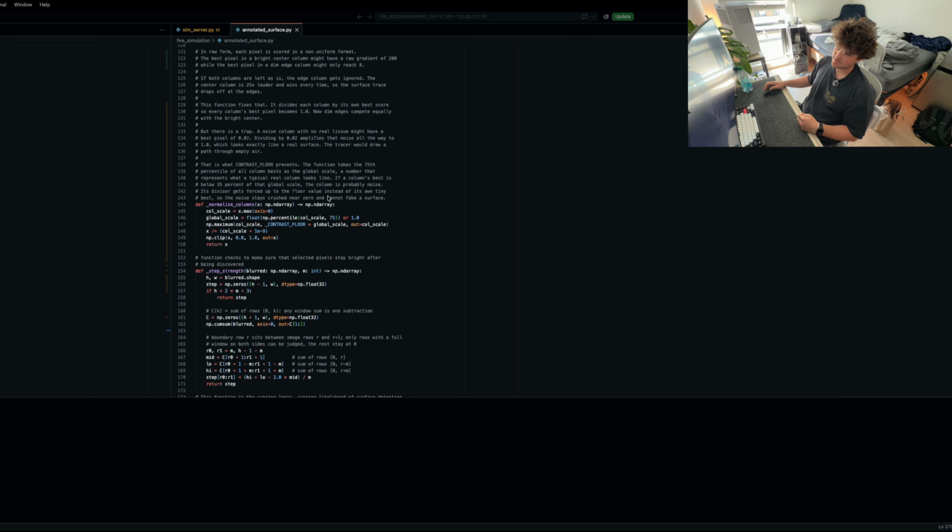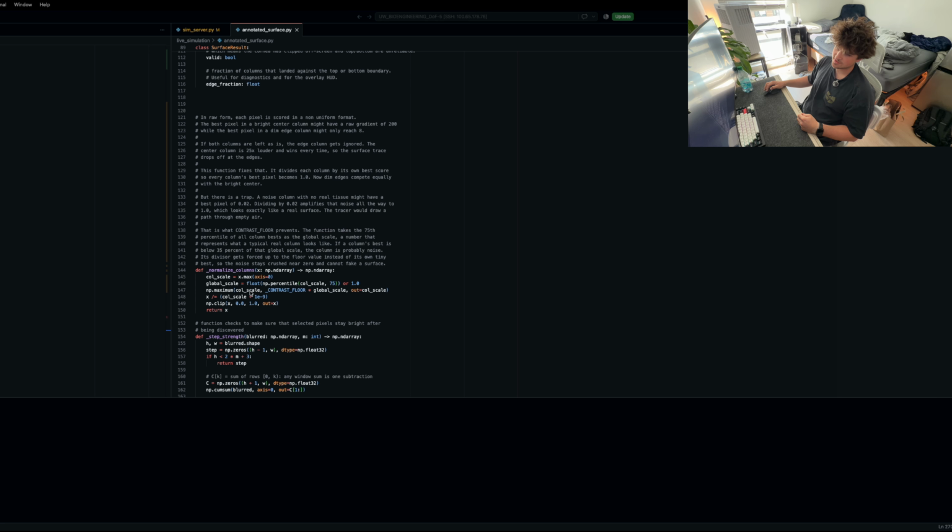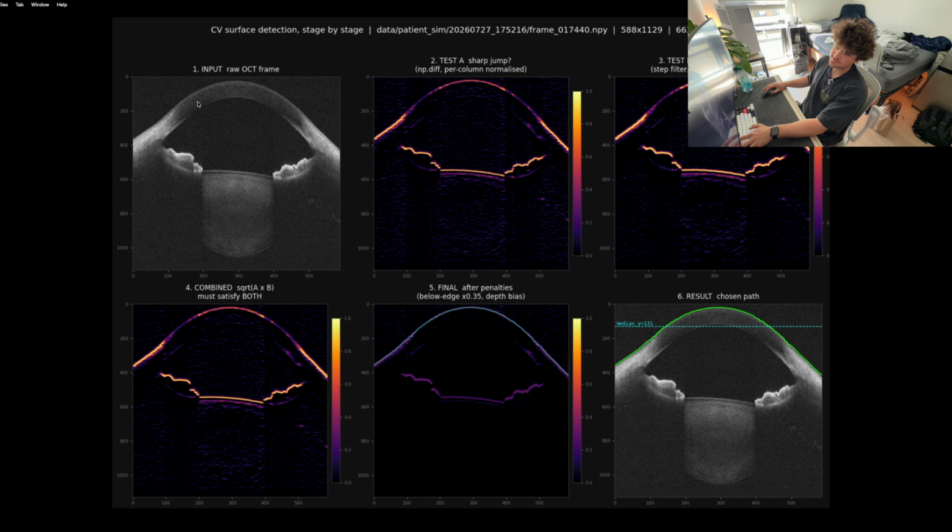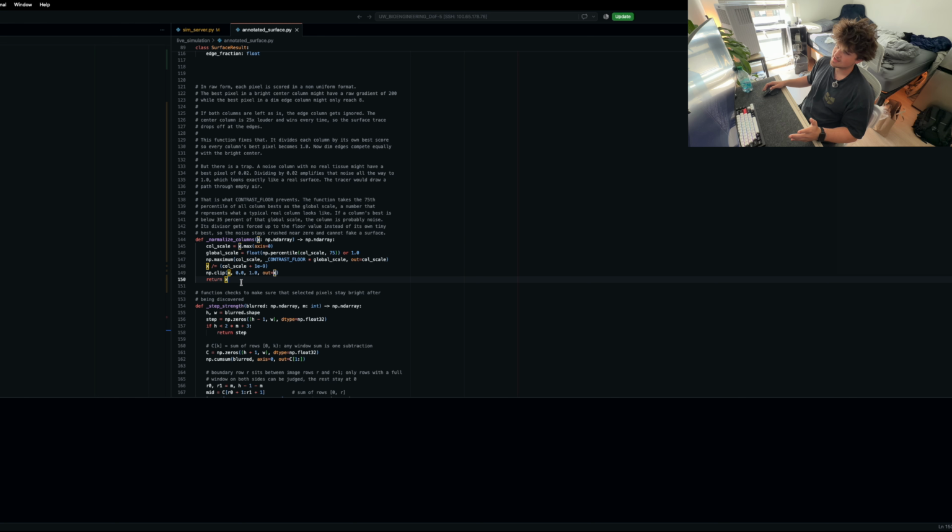The main components are done with these functions. You start off by normalizing the columns. So like these regions right here, the dimmer portions should not be ranked as low just because they're dim. So we go through each column, we figure out the highest score that each column has by default, and then we inflate those scores to match a standardized system where 1 is the brightest of that column, 0 is not as bright.